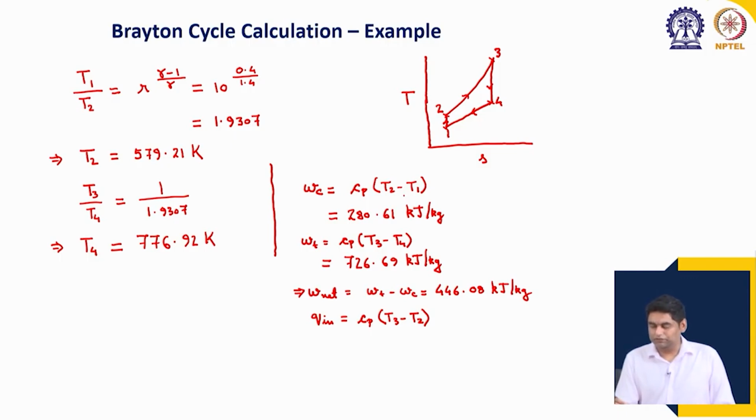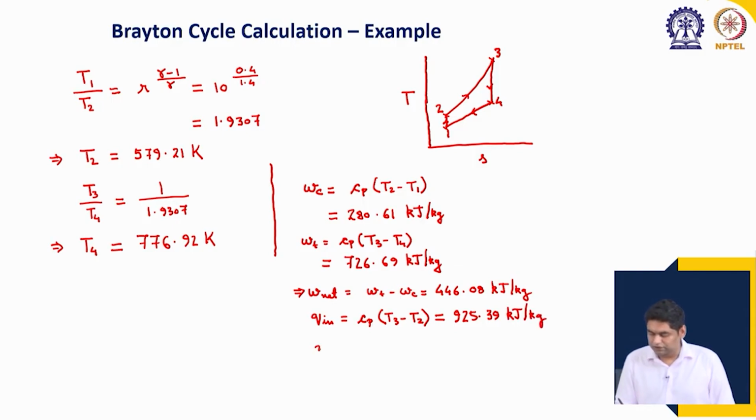This comes from the energy balance that Wc is equal to H2 minus H1, Wt equal to H3 minus H4, and delta H can be written as Cp into delta T. Anyway, Q in is equal to Cp (T3 minus T2). Again replace the values and you will get 925.39 kilojoule per kg.